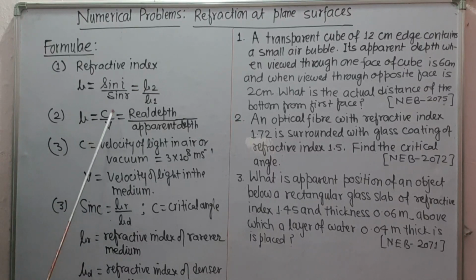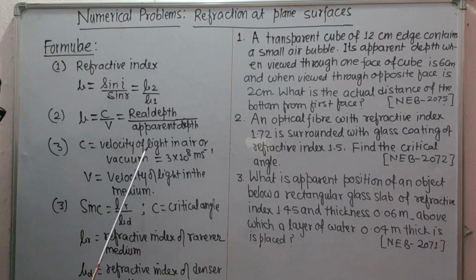Also, refractive index is defined as the ratio of the velocity of light in air or vacuum to the velocity of light in the given medium, and also mu is equal to the ratio of real depth to the apparent depth.